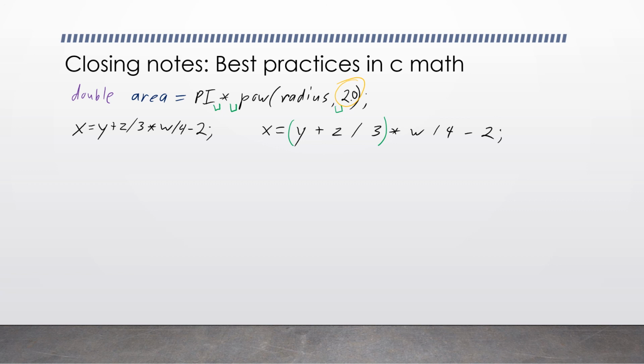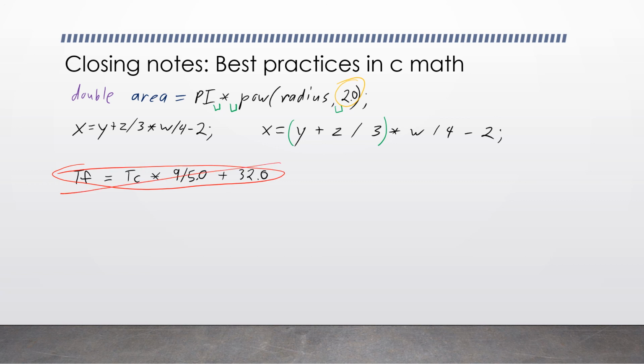But if I type the formula TF equals TC times 9 over 5.0 plus 32.0, you might be a little more confused about what's going on here. So this is a do not do, okay?